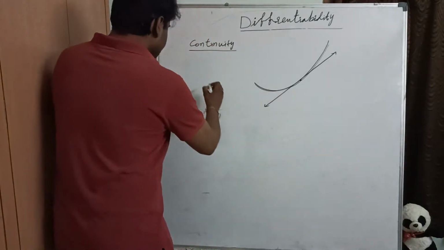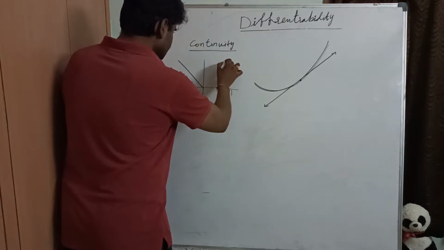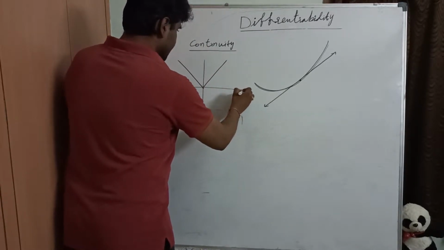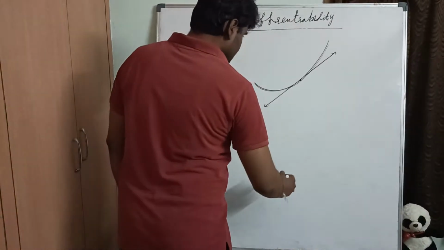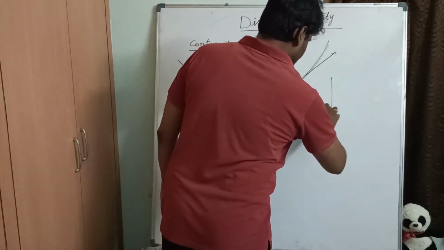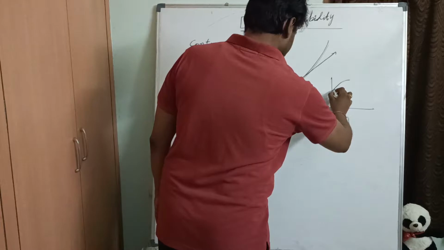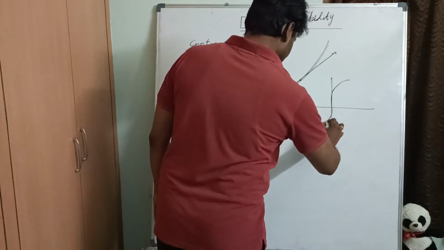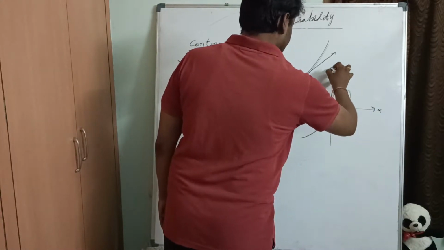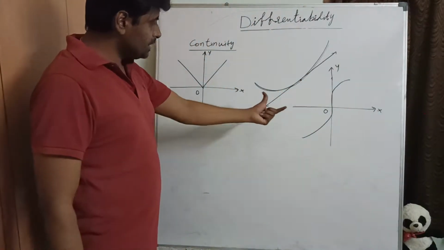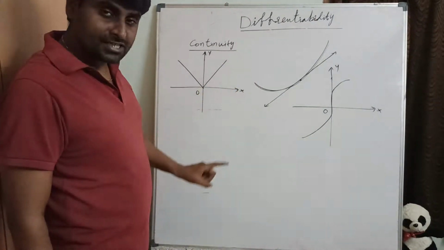For example, if I take this graph, with x-axis, y-axis and origin, and similarly one more graph with origin, x-axis and y-axis, if you observe these two diagrams, are these differentiable?